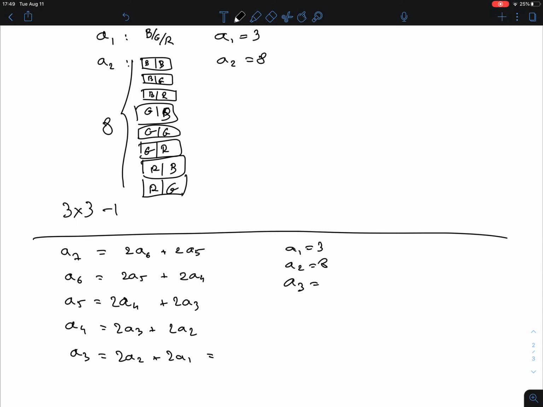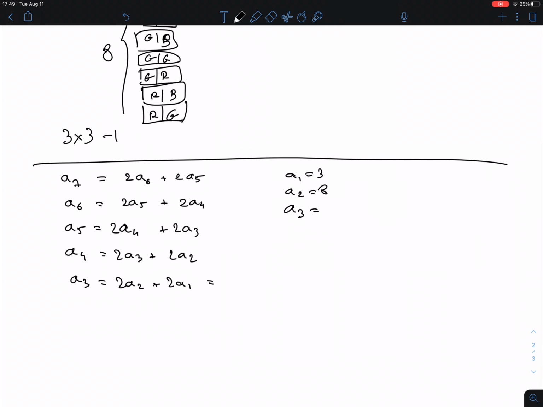So what is A3 now? A3 is 16 plus 6, that's 22. What is A4? That is 2 times 22, that's 44, plus 2 times 8, that's 16, that is 60. I'm running out of space, so I'm going to put A5 here.